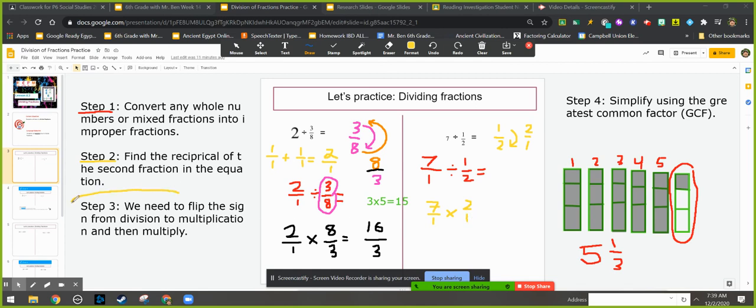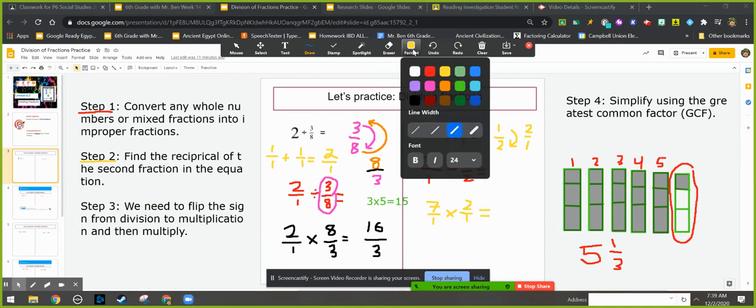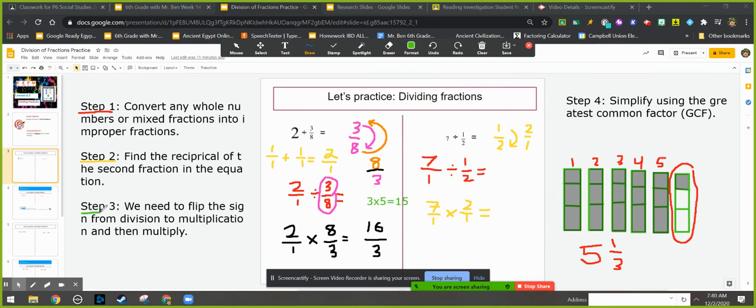So that's this step right here. So now I'm going to multiply the top and the bottom though. So the top and the bottom, multiplying the numerators, 7 times 2, that's 14. 1 times 1 is 1. And nicely, look at that.